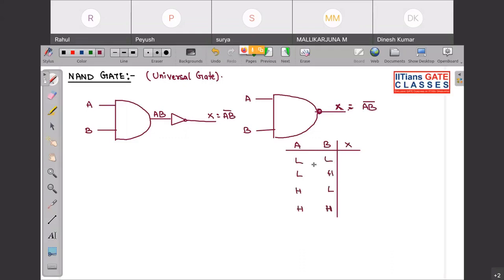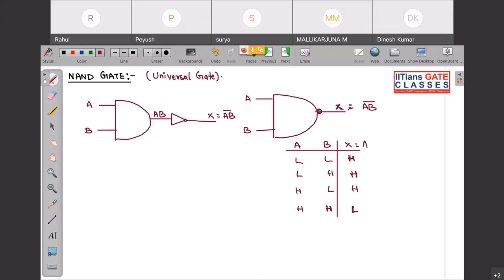So you can see what, this low into low, if I AND it, so this will be low only. So when I complement, it will be high. This will be also high. This will be also high, and this will be low.